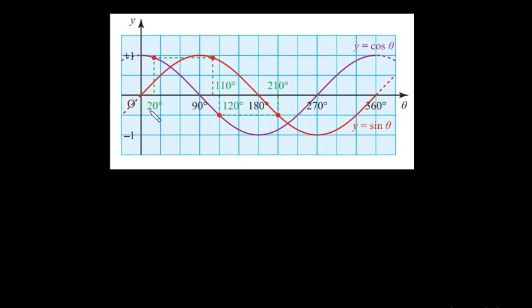So look at this one. The red graph would be for y equal to sine theta, and the blue one is y equal to cos theta. So when you look at here, you'll see that the cos of 20 degrees equals the sine of 110 degrees.